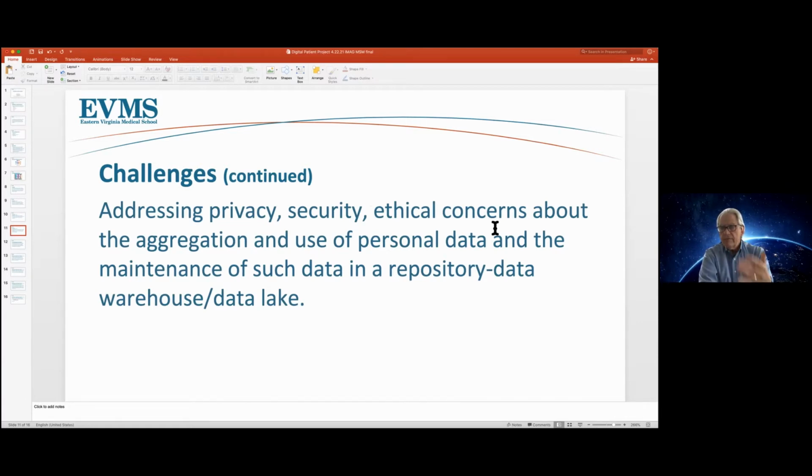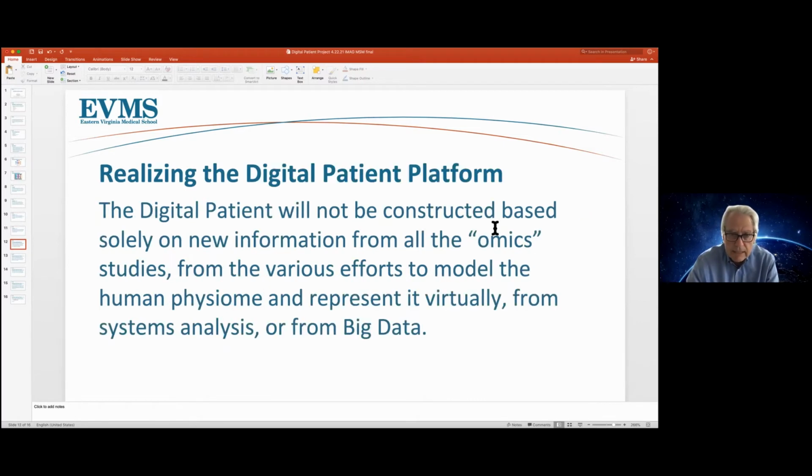So there's a lot of attention, and it's understandable. If we get this kind of data about individuals that we've never had before, the possible abuses are enormous. And so we've really got to pay attention to that in design.